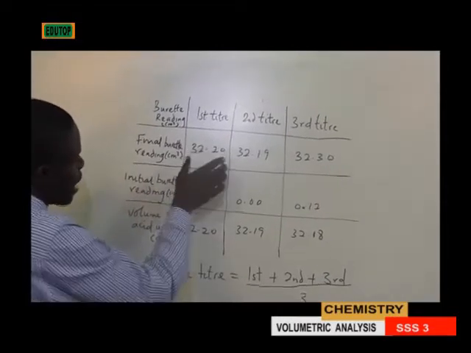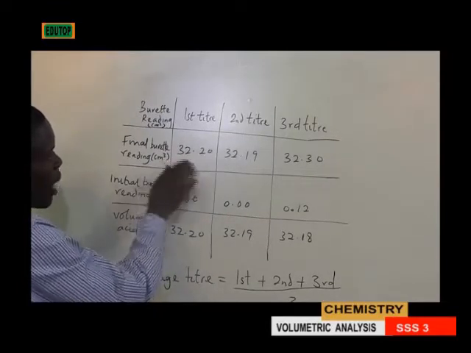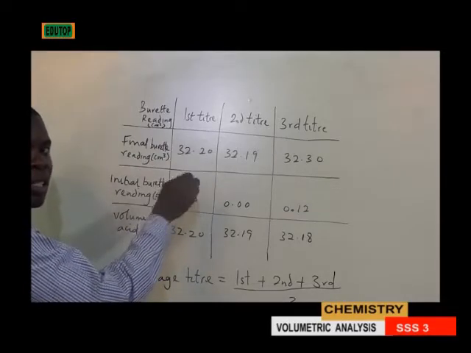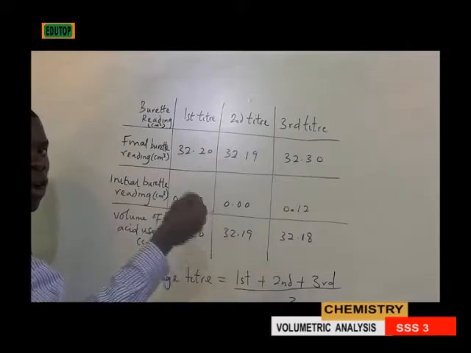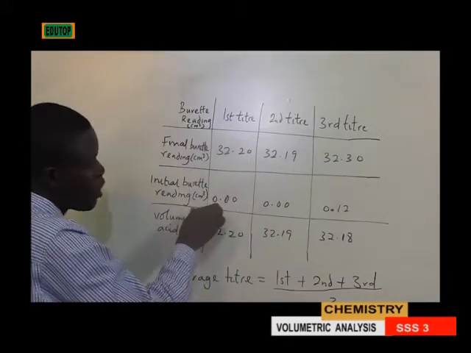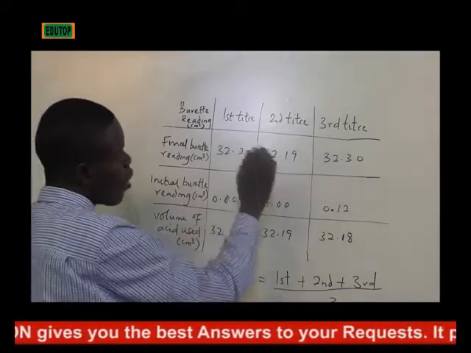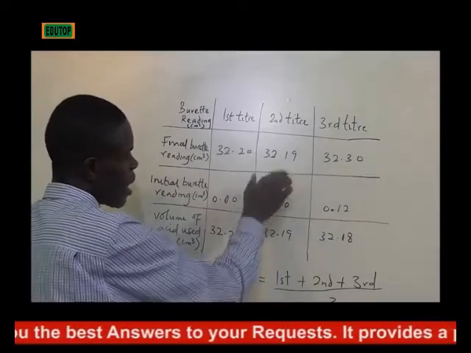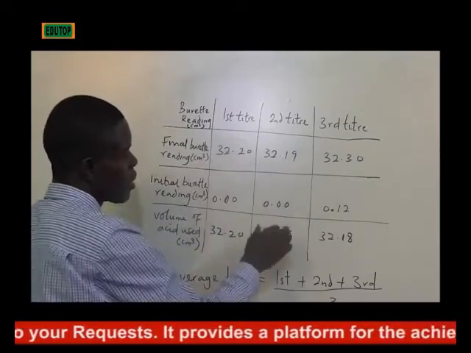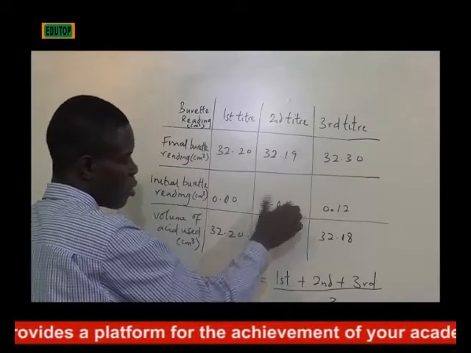In the first titer, assuming that we have 32.20 cm³ for the final burette reading, that is when the color is observed, that is the end point. It started at 0.00 initial burette reading. Then the second titer, 32.19 under the same unit with the initial burette reading 0.00.